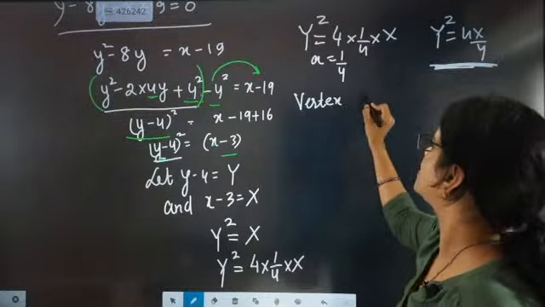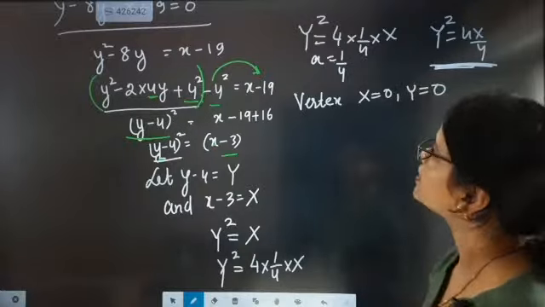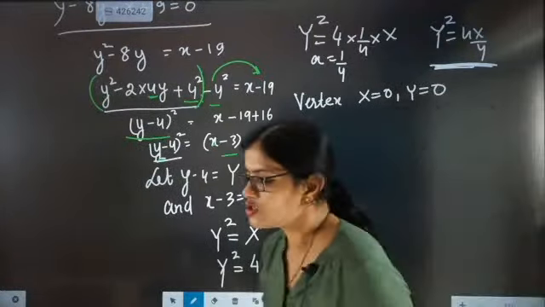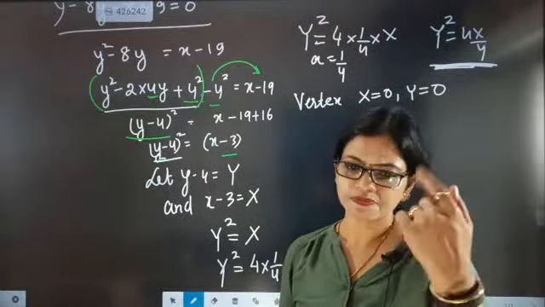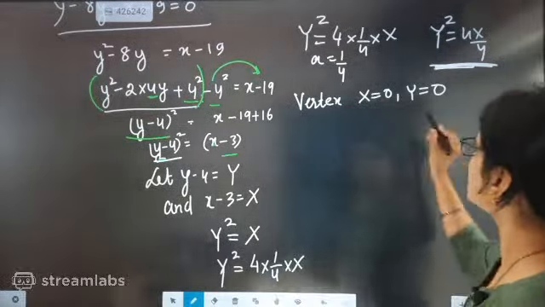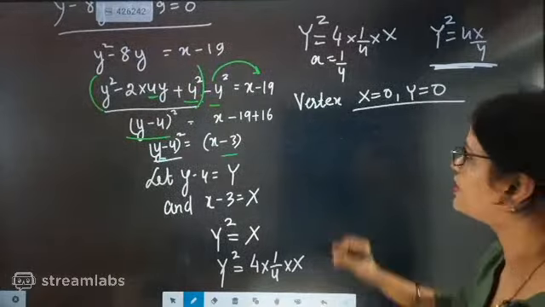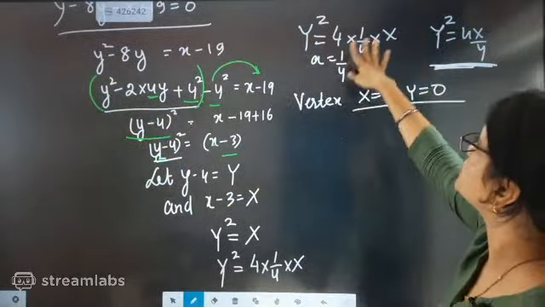Vertex will be x equal to 0, y equal to 0, because it is in the standard form. So for the standard form of the equation of parabola, we know that x will be equal to 0 and y will be equal to 0.